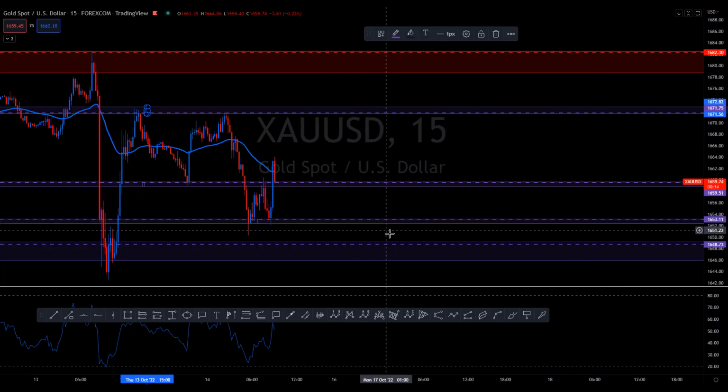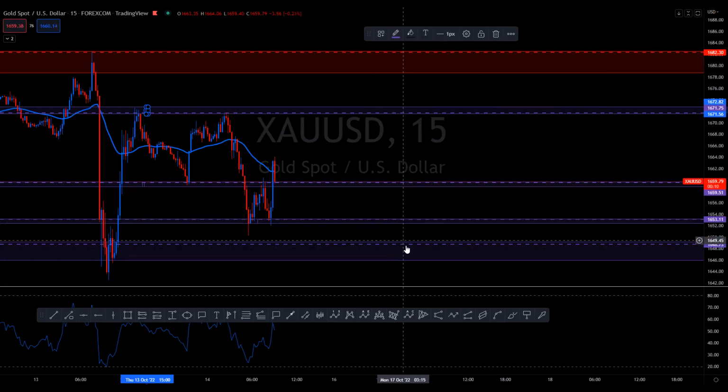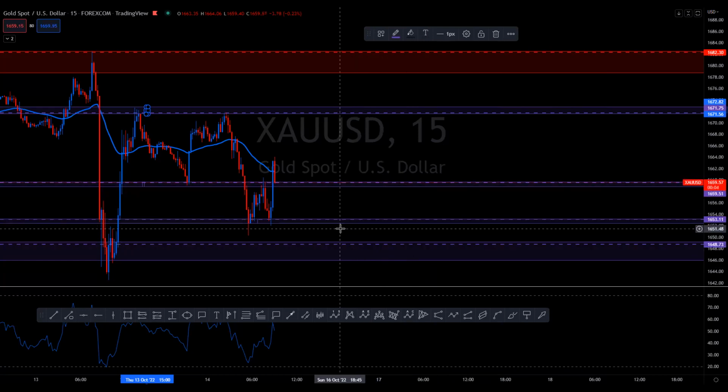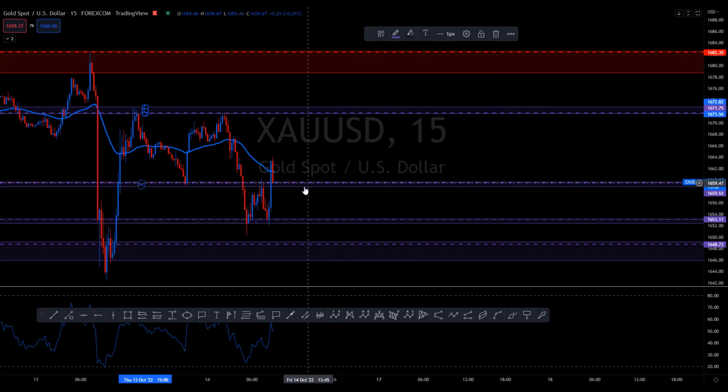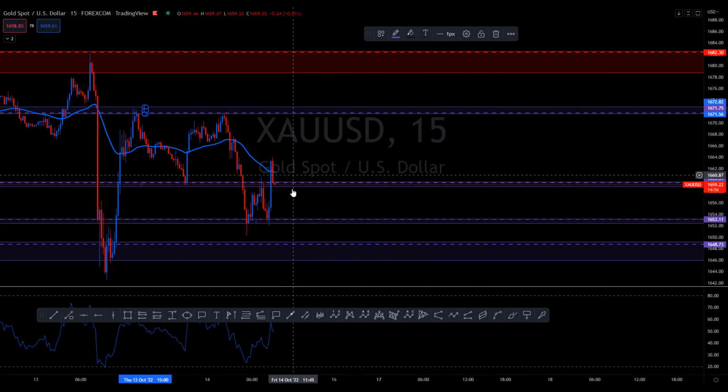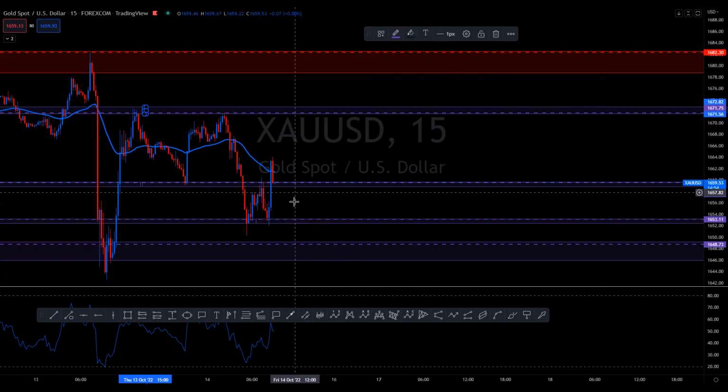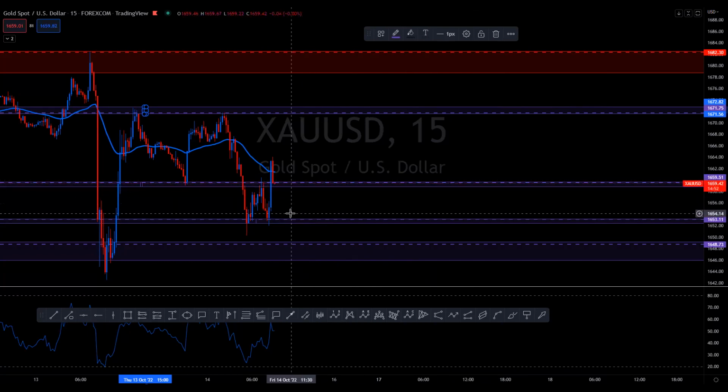All right, so pretty soon the 9:15 candle is going to close. So let's wait for that to close, and then I'm going to make my decision. Looks like this candle might be testing this area.